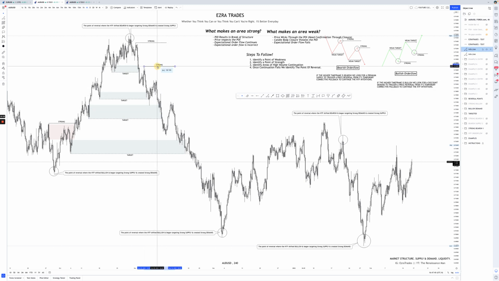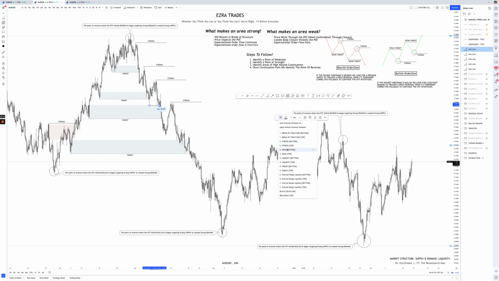We get a pullback. This is another strong level, breaks structure to the downside, pull back, break structure to the downside, because all the weak levels that we're targeting are these, right? This is now a what? A weak bottom. The expectation is because we're going to break it, right?